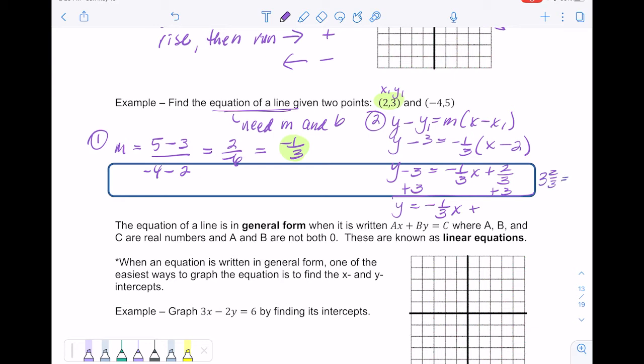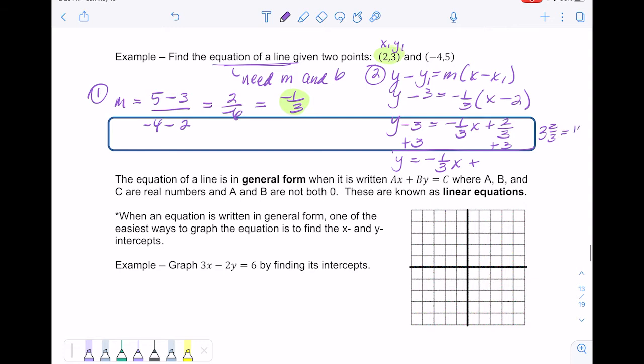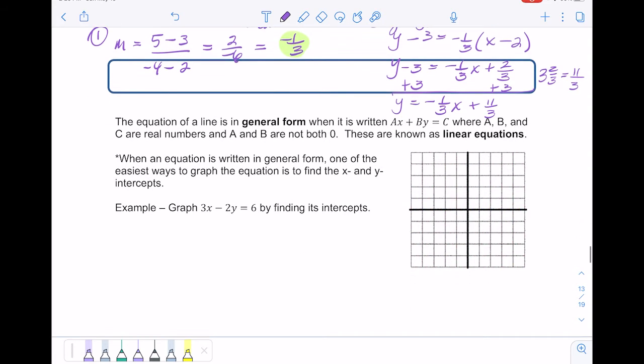If I want to change that to an improper fraction, you multiply the denominator times the whole number, so 3 times 3, which is 9, and then add the numerator. 9 plus 2 is 11. So that's 11 over 3. And that is your equation of your line in slope-intercept form, which I can also write in general form, which I'm going to show you shortly.